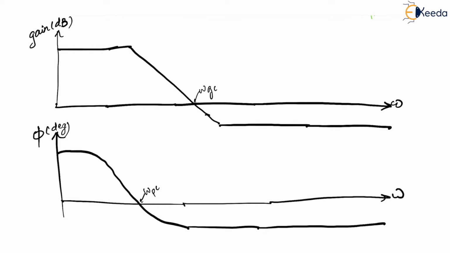In case you are still interested, if I draw this one down here at omega GC, what I get here is the PM of the old system. And similarly, if I project this up, I will get the GM of the old system, right? Is that correct? Yes. Now, dear, see what I will tell you.